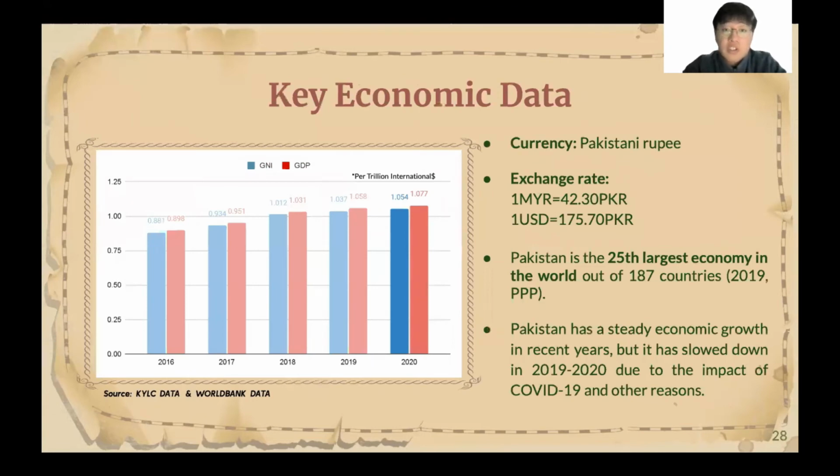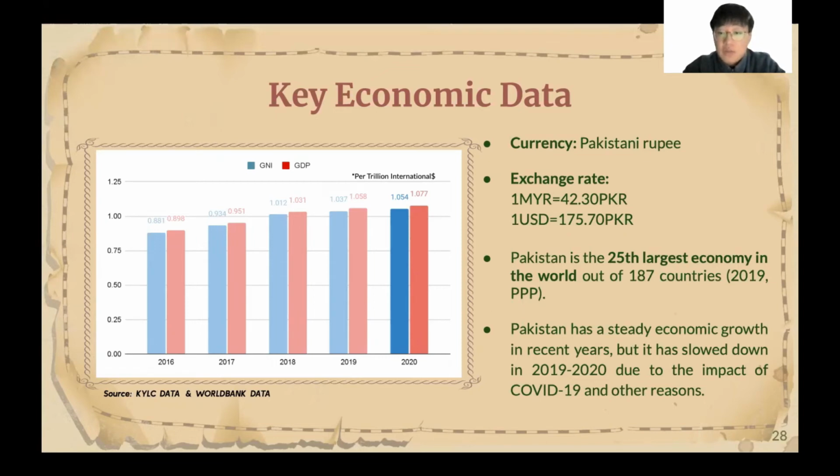Okay, so for the key economic data, Pakistan mainly uses the Pakistani rupee as its currency, and the exchange rate is 1 Malaysian ringgit equals 42 Pakistani rupees, and 1 US dollar equals 175 Pakistani rupees.